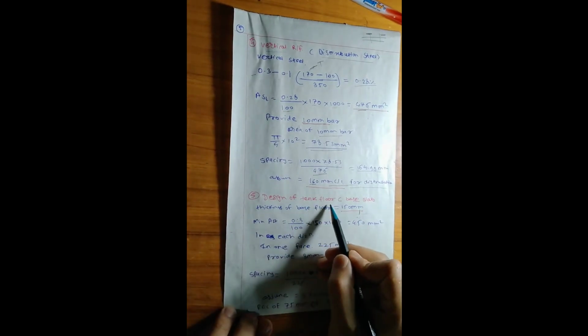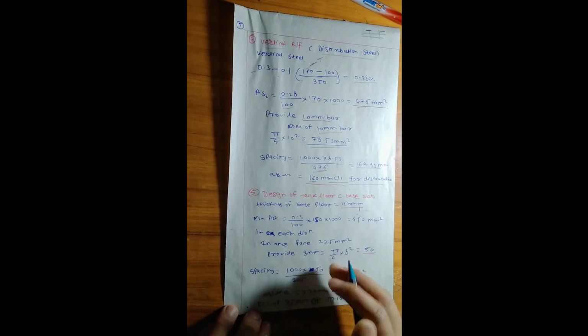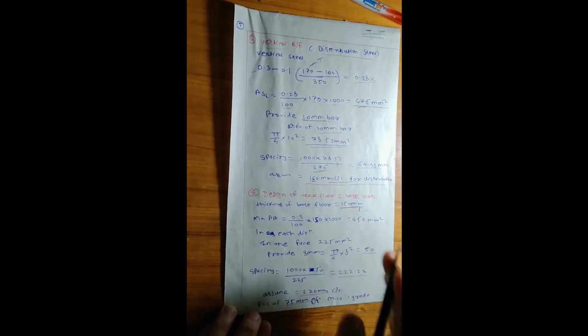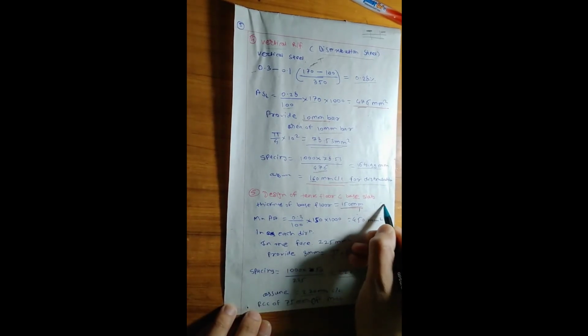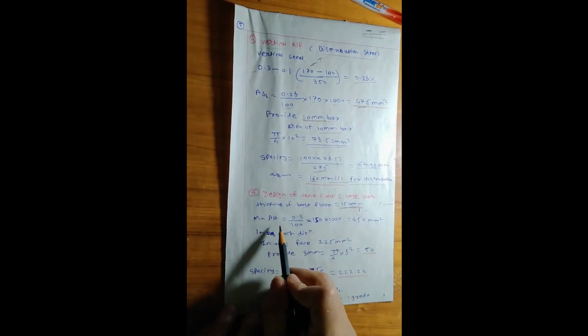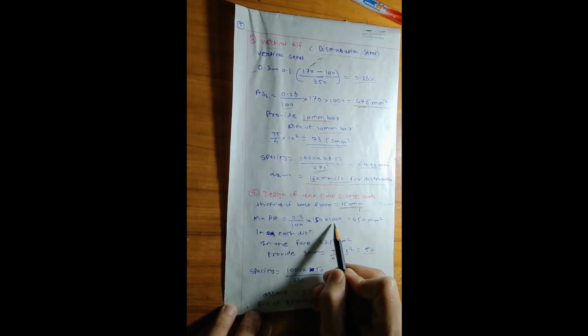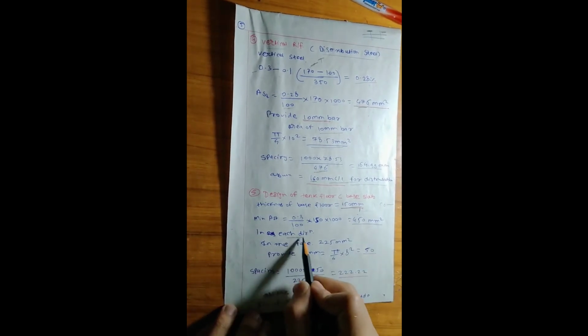Design of tank for the base slab. The thickness of the base slab is minimum 150 mm. So we consider a 150 mm thick base slab. Minimum AST is equal to 0.3 divided by 100 into 150 into 1000, so it's 450 in each direction.